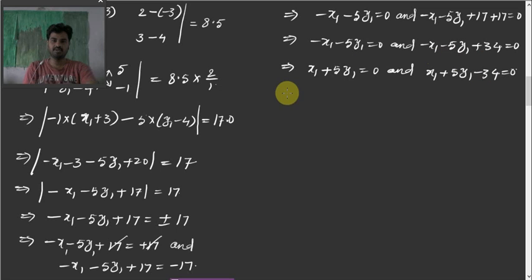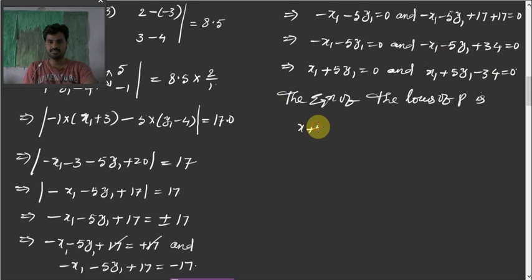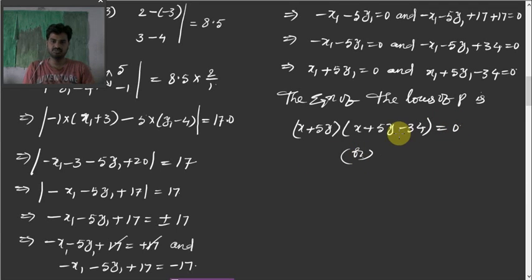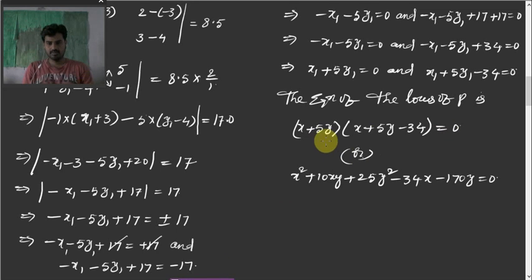So finally you can write the equation of the locus of P. Locus of P is, removing the suffix values, (x plus 5y) into (x plus 5y minus 34) is equal to 0, or you can multiply these two factors and get one more form of the answer. If you multiply these two, you can get this answer.